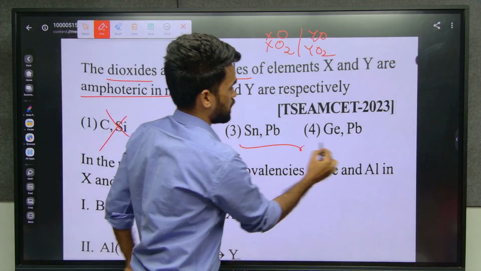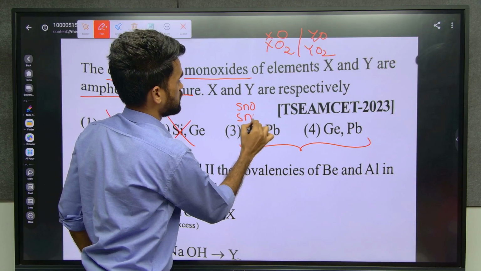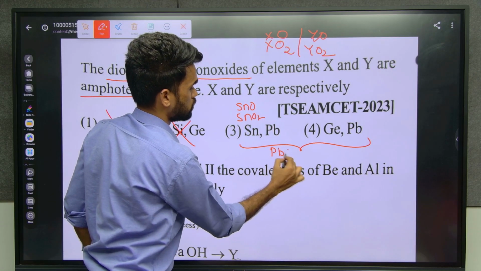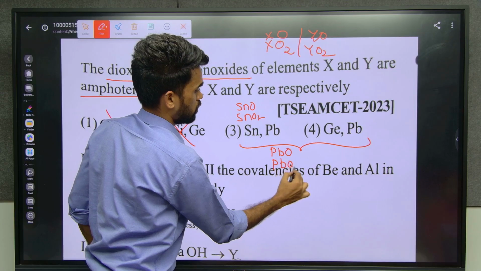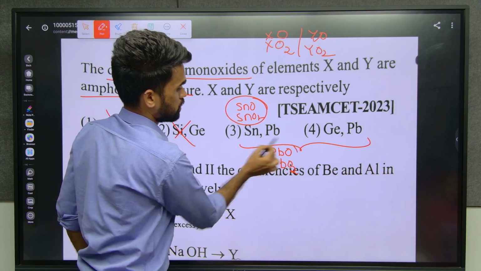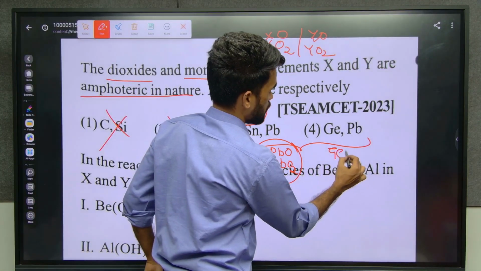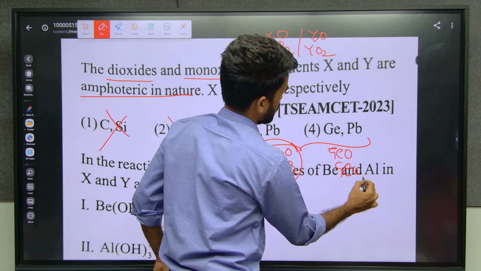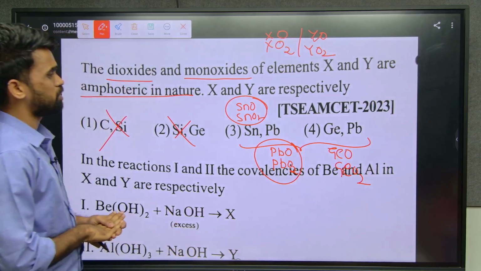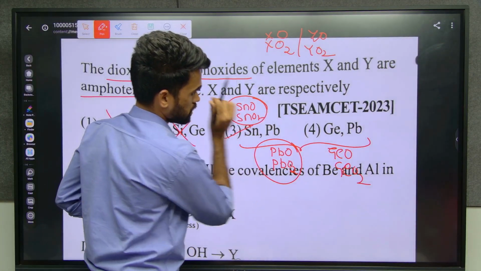So for this you tell me. SnO, SnO2. Next PbO. All of these are amphoteric. This one GeO, this one also perfect. Both of them are perfect. So you can go with both options.